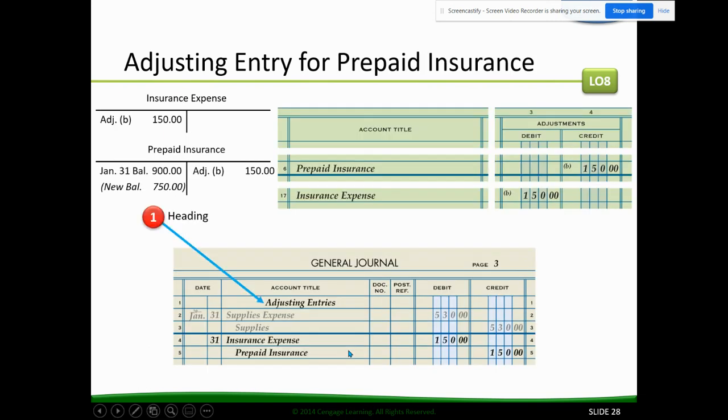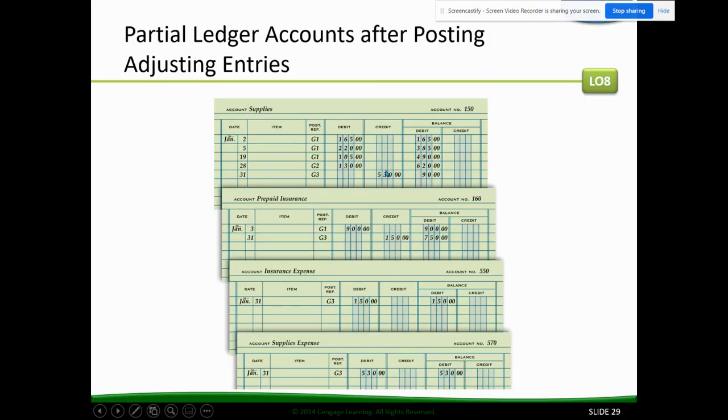This is what the adjusting entry for insurance and insurance expense looks like. And then once that's done, all of those accounts, notice normally here we would write adjusting entry here because it is special. It's different. And so notice you see the credit here and the 90. We'd write adjusting entry here.